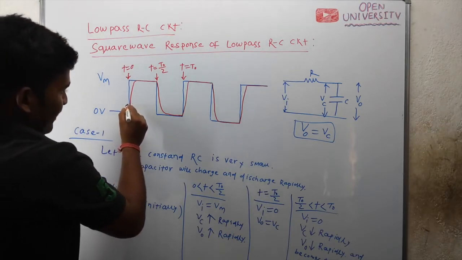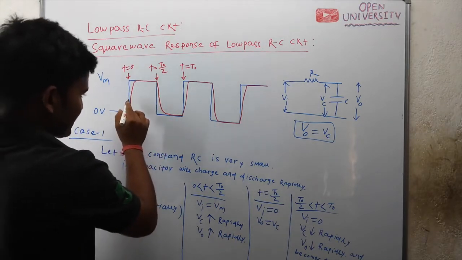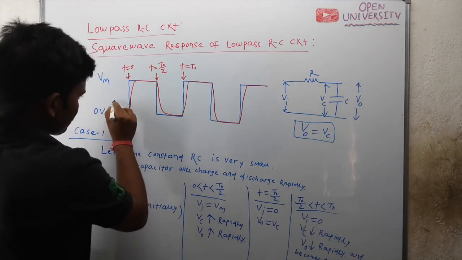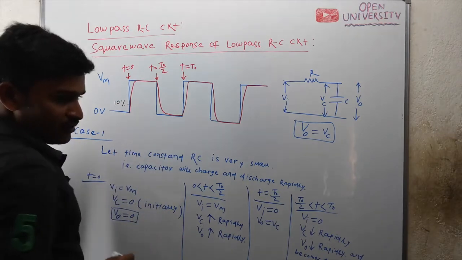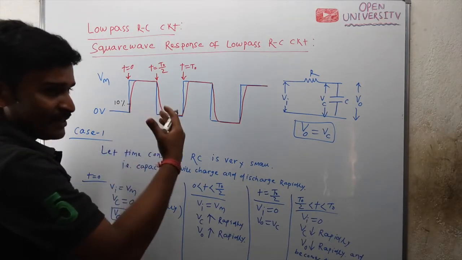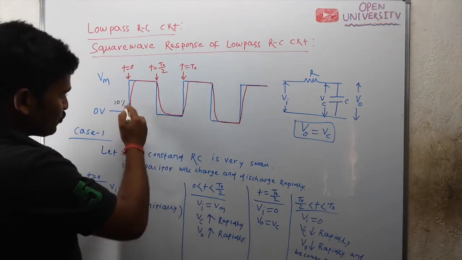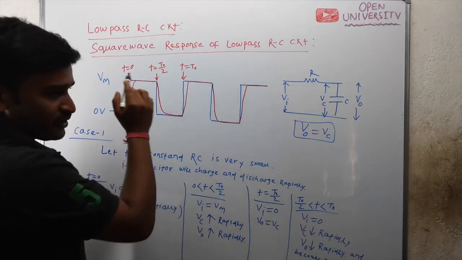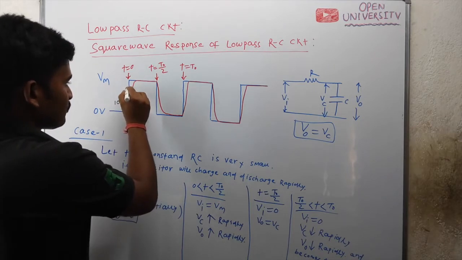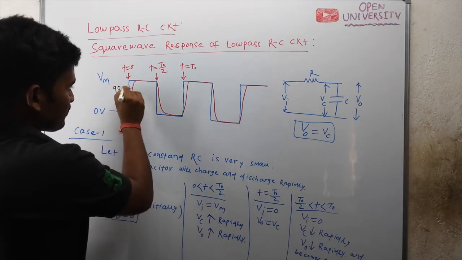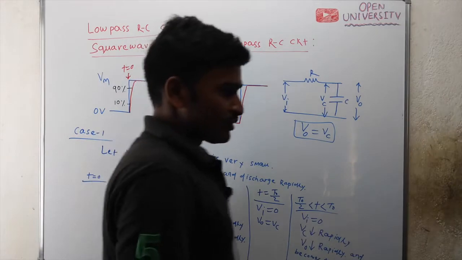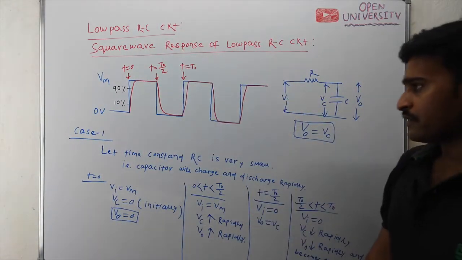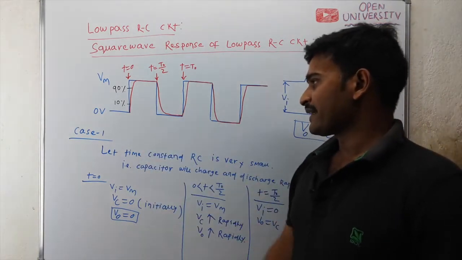Rise time is the amount of time taken by the response to reach from 10% of the maximum output to 90% of the output. This interval of time is called rise time.